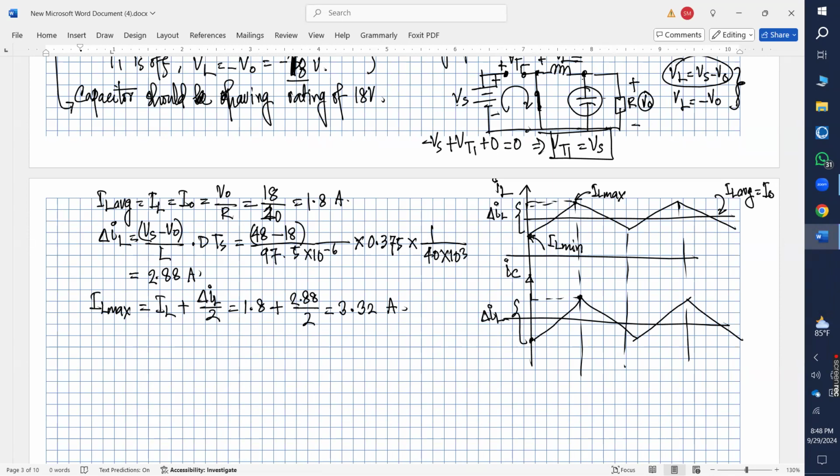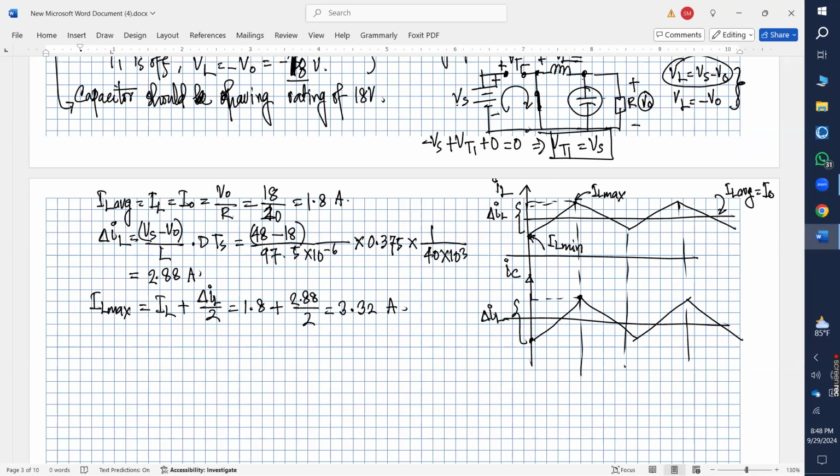In your book it is 3.24. Did you make any mistake? No, sir. If you had taken all the values after the decimal of 2.88, then you would have gotten 3.24.